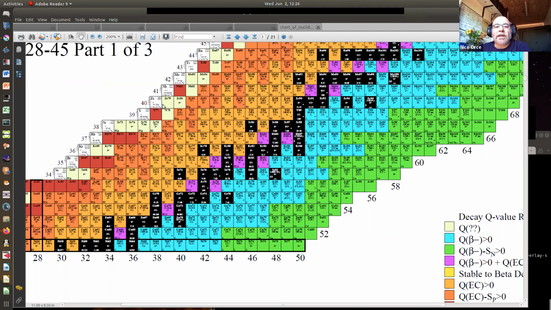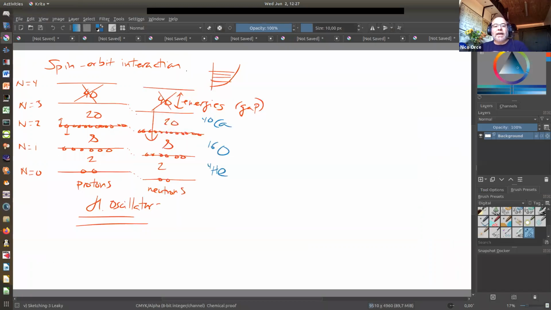This is not a magic nucleus, not a stable nucleus. These fellows are more stable. Calcium 40, as you can see, is down here, but it's nicely stable. But zirconium 80 is very exotic, and basically the harmonic oscillator fails to reproduce the next magic number, which is actually 28.